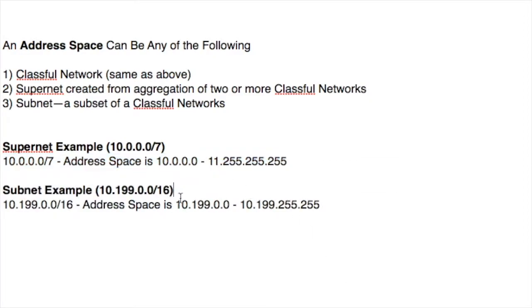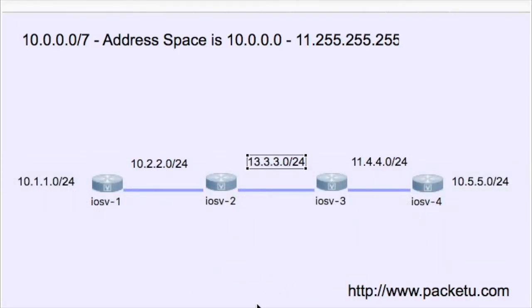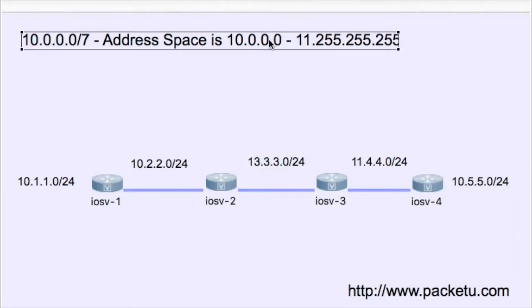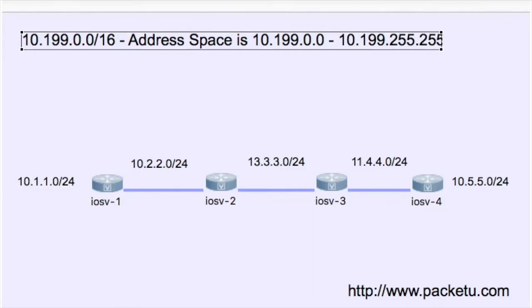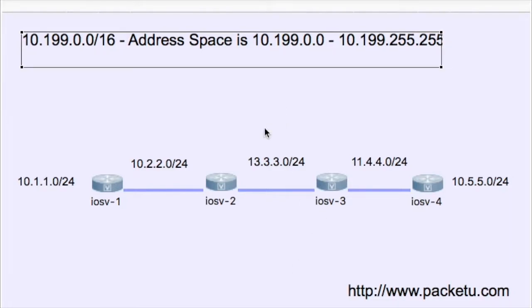Now we can also use a subnet example. Instead of aggregating two networks together, we may have a smaller portion of a major network. In this case, we're going to use the 10.199.0.0/16 subnet.